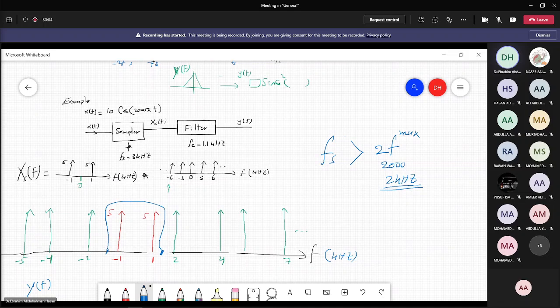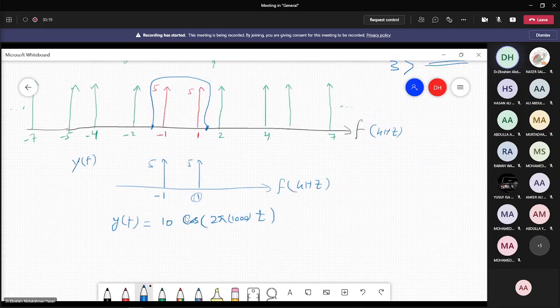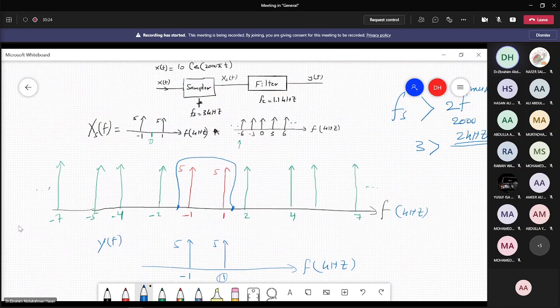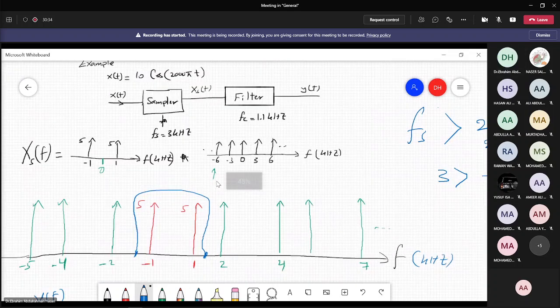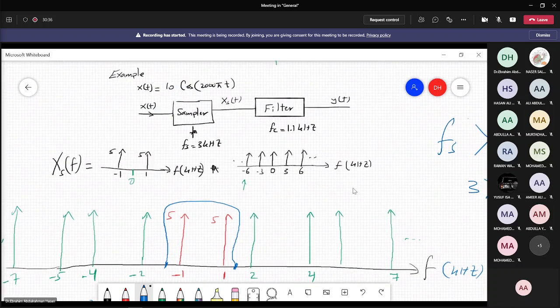Then yes, I can reconstruct it. So Fs is equal to 3 kilohertz, which is greater than 2. So then I can reconstruct it. This is very clear. So I get the original one, so y of t equal to x of t. Clear.